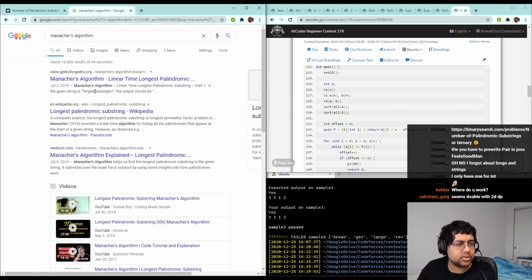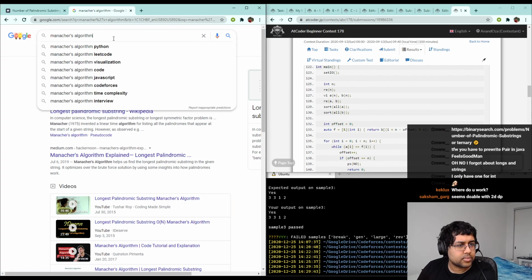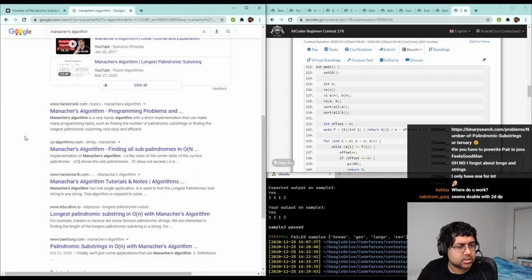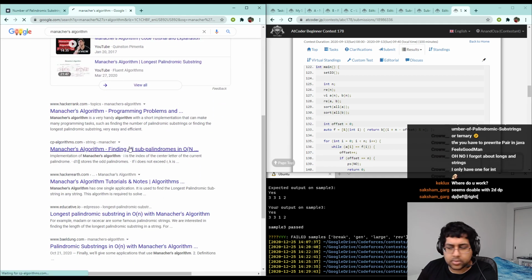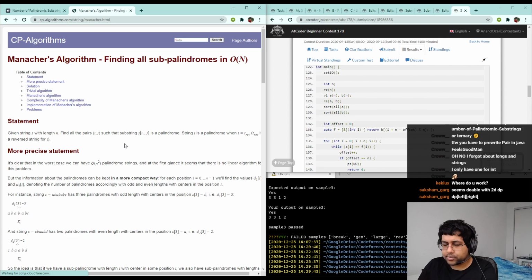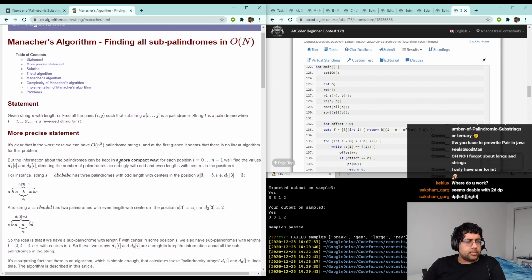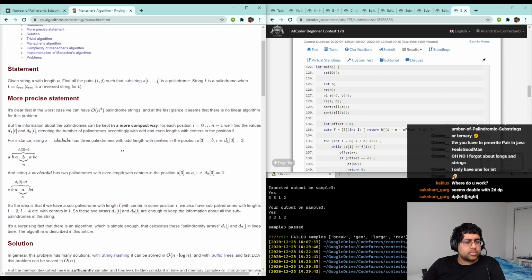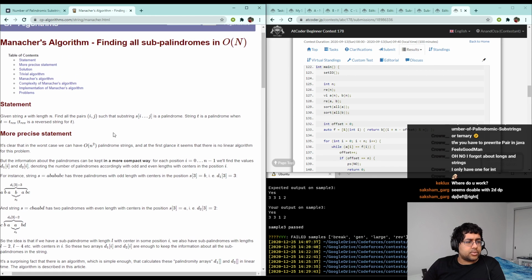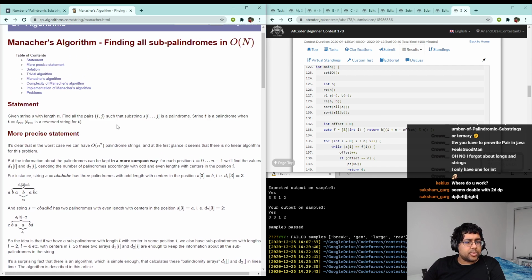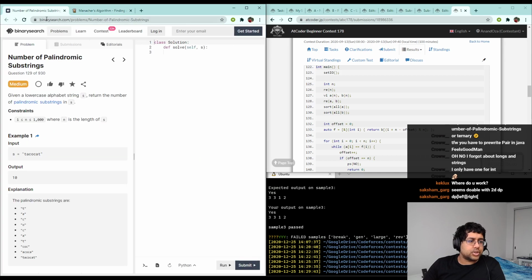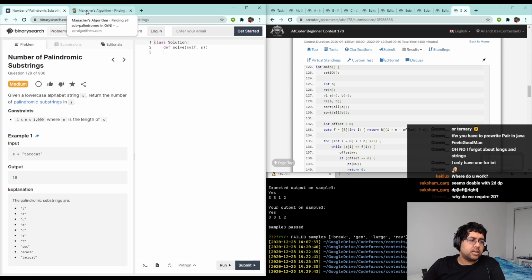I've never actually used it, but I believe it's, oh, I guess it finds the longest. So this problem actually just finds all the palindromes in O of n. But yeah, let's see if we can do it.